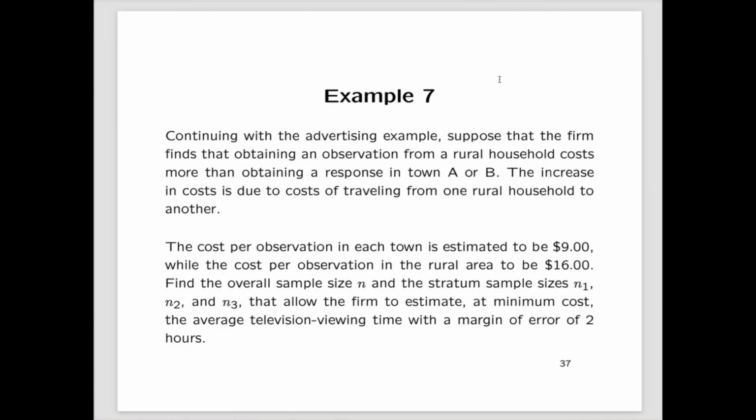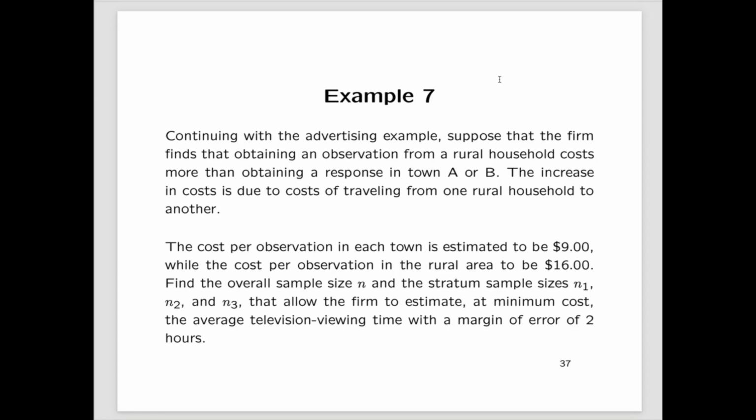All right, so example 7. Continuing with the advertising example, suppose that the firm finds that obtaining an observation from a rural household costs more than obtaining a response in town A or B. The increase in cost is due to costs of traveling from one rural household to another.